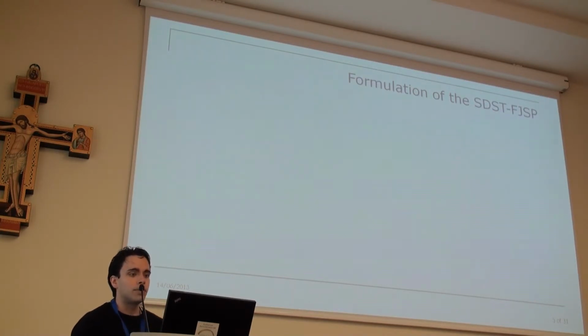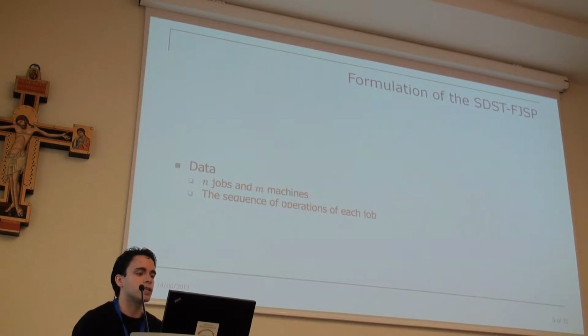The flexible job shop requires the scheduling of n jobs in a set of n machines or physical resources. Each job consists of a set of tasks that have to be sequentially scheduled in a pre-specified order.